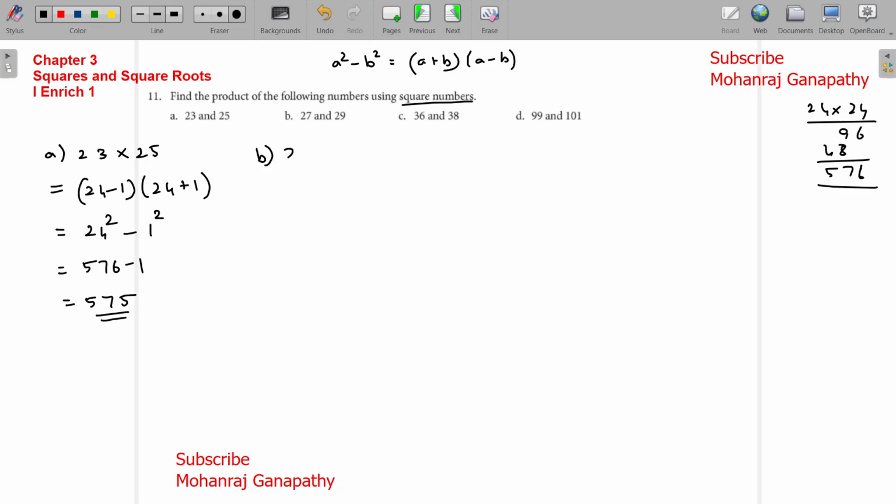B. 27 into 29. 28 is a number between 27 and 29. So 28 minus 1 into 28 plus 1.